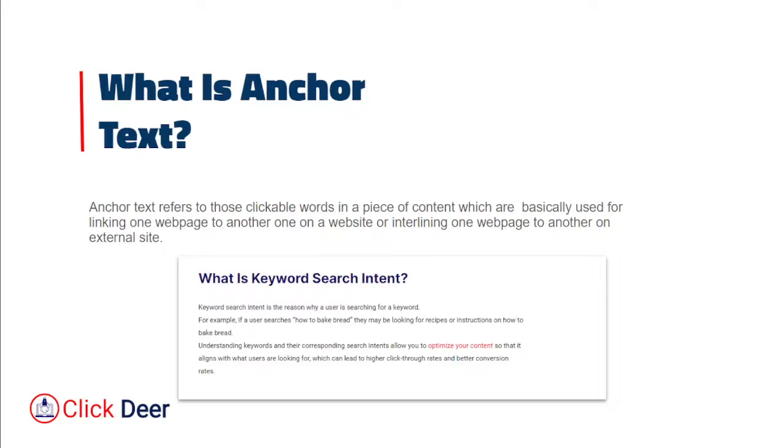So the anchor text provides context to users. For example, if someone visits my blog and comes to this paragraph, he will quickly understand the next page if he decides to click on this internal link, right?